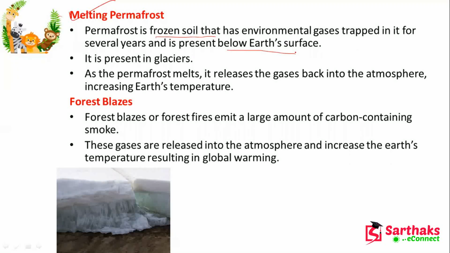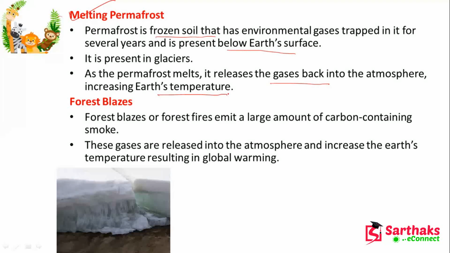It is present in glaciers. Here you can see the picture, this is in the glaciers. As the permafrost melts, it releases the gases back into the atmosphere, which increases the Earth's temperature. And due to that, global warming will occur.